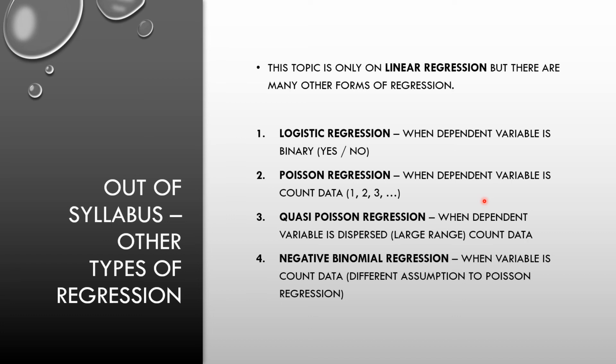When there's a large dispersion in your dependent variables, you use quasi-Poisson regression. Negative binomial regression is very similar to Poisson regression, just based on a different assumption, so how you use it is a totally different aspect.